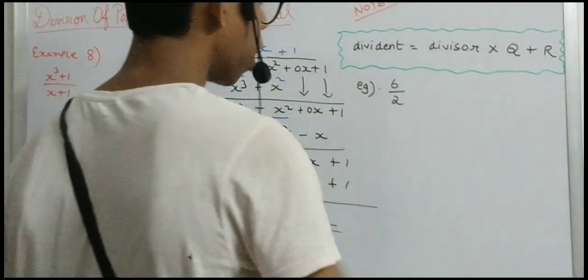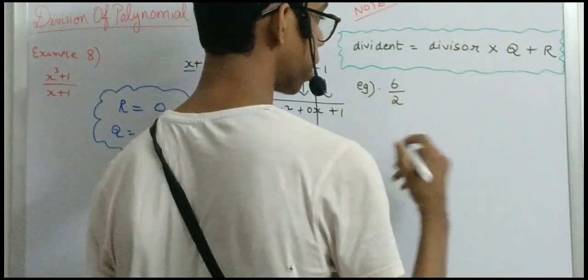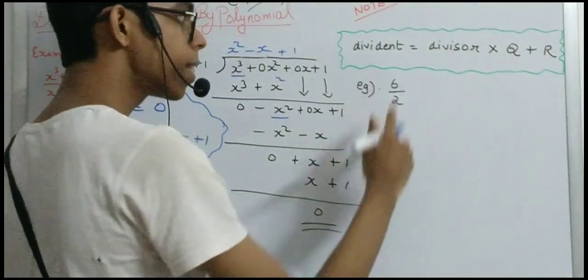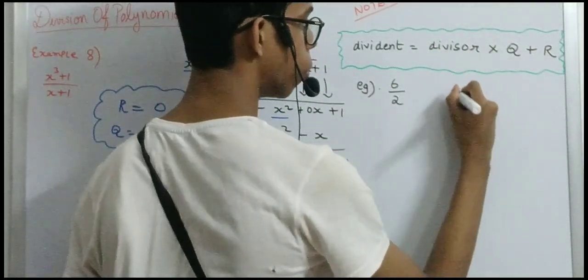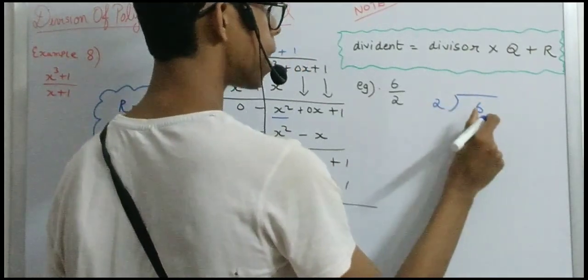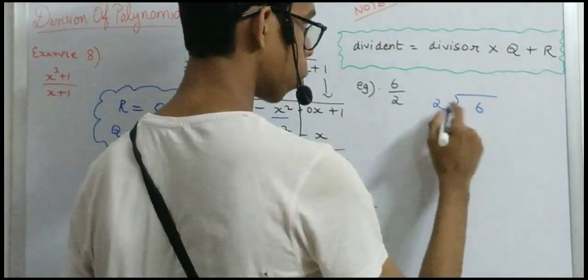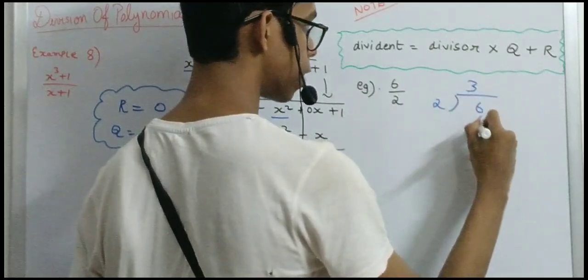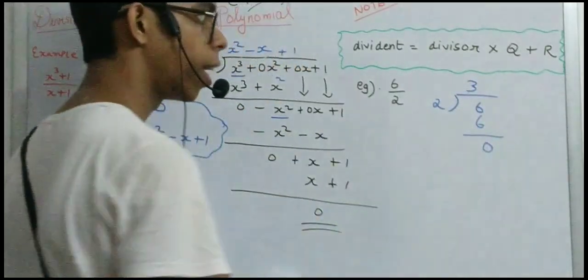Let's see how we can take this with an example. If we are doing 6 by 2, you know 2 is your divisor and 6 is the dividend. When you do it, we know 2 3s are 6 and we will get a remainder equal to 0.